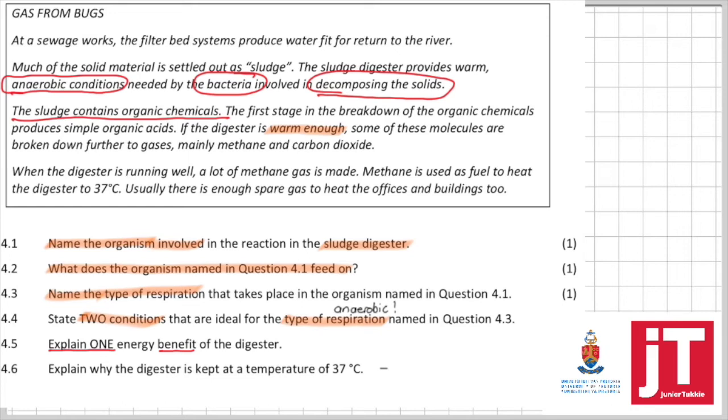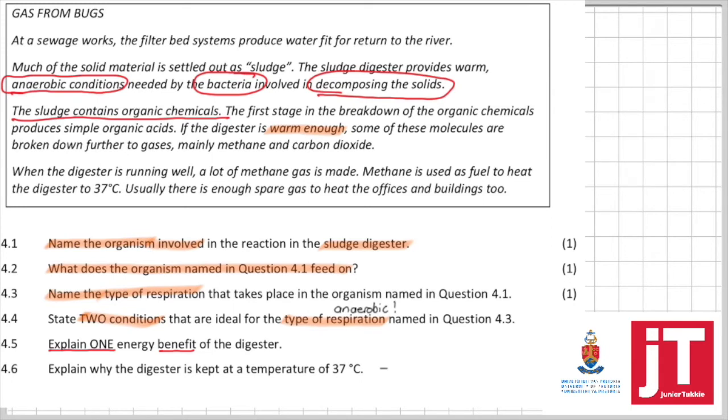Now the warm conditions is given to you in the context, but the fact now that you know it is anaerobic, the other condition here is the absence of oxygen in the environment, because otherwise it would become aerobic, which is a completely different chemical reaction in understanding in the context of this investigation.